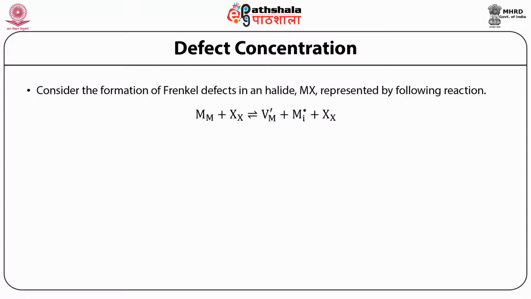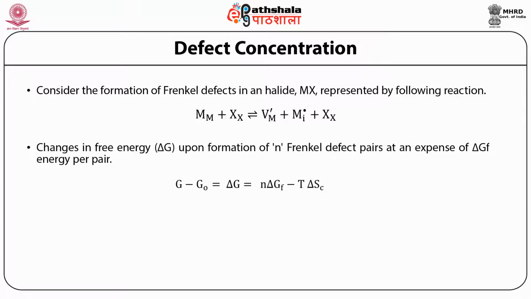The change in free energy, delta G, depends upon the formation of N Frenkel defect pairs at an expense of delta GF energy per pair. So the equation becomes G minus G naught is equal to delta G, which is equal to N times delta GF minus T delta SC.